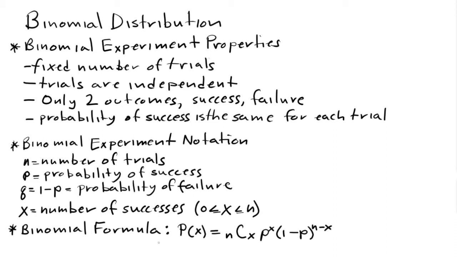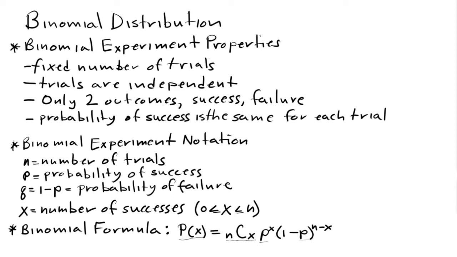Now you calculate the binomial probability, P of x, this way: n C x, the combination of n things taken x at a time, times p to the x times 1 minus p to the n minus x. So that's our basic setup.